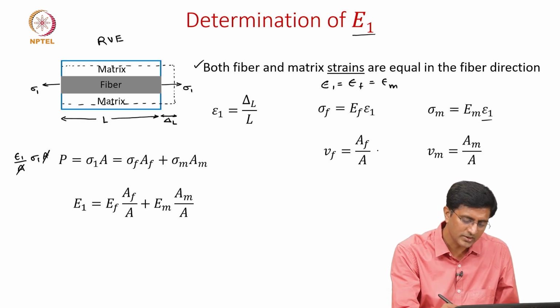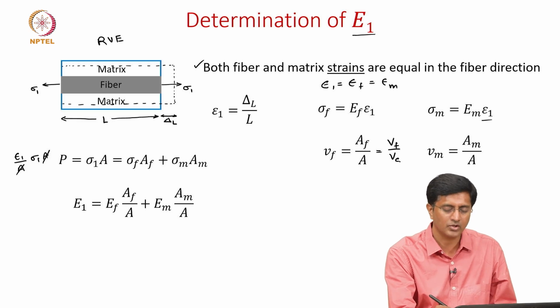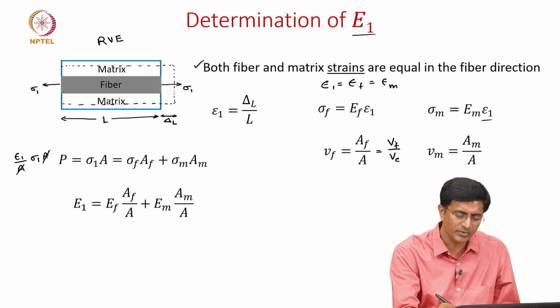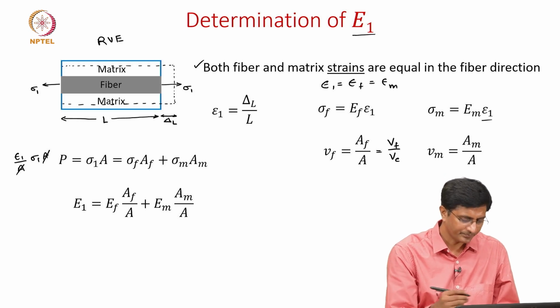So volume fraction actually is defined as the volume of the fiber Vf by V, the volume of the composite. But if we now consider that the depth is constant both for the fiber and the composite, then we can replace this volume fraction with the cross section area fraction.